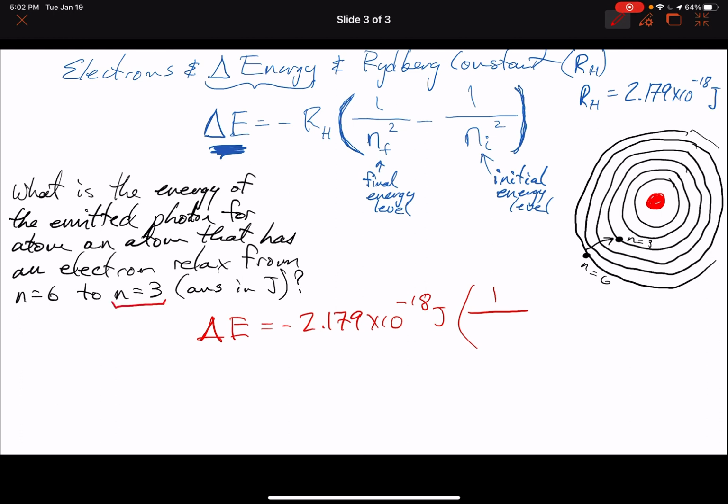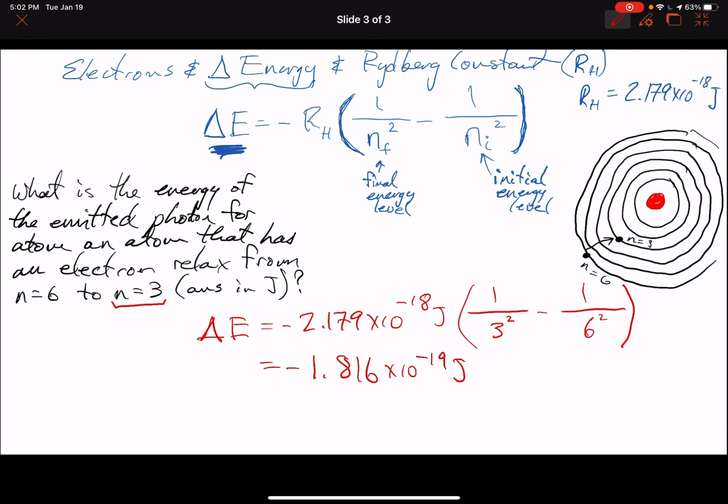So that's going to be 3 squared, which is of course 9, minus 1 over the initial position. So that was 6 squared, which is of course 36. Okay, so after doing this, you should calculate that the delta E is going to be minus 1.816 times 10 to the minus 19 joules for the energy level.